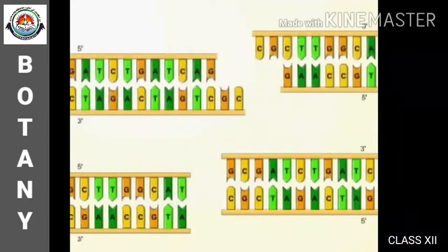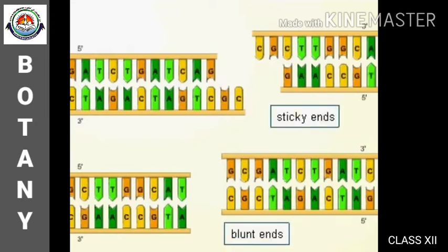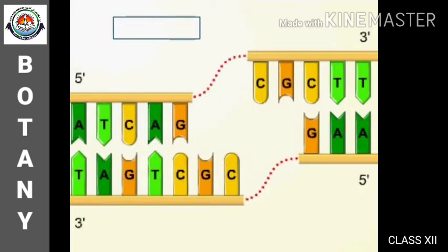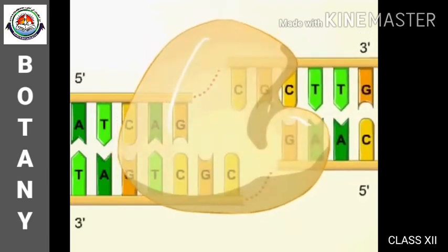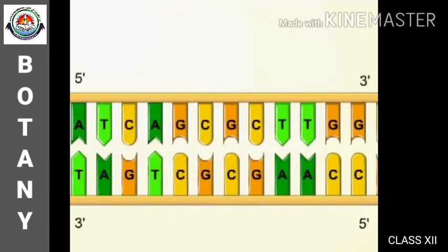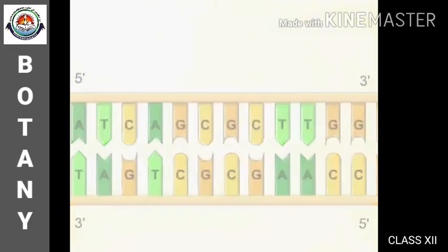There are overhanging structures called sticky ends on each strand. These are named so because they form hydrogen bonds with their complementary cut counterparts. This stickiness of the ends facilitates the action of the enzyme DNA ligase. When cut by the same restriction enzyme, the resultant DNA fragments have the same kind of sticky ends, and these can be joined together using DNA ligases.